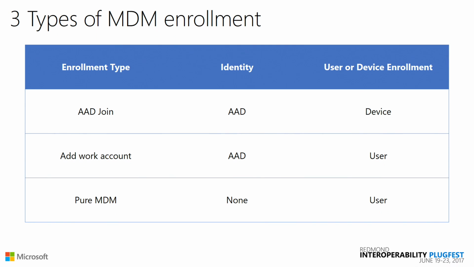If I'm enrolling my device against Contoso's MDM, I'm just saying, hey, here's a device, and you can manage the device. But from the management server's perspective, they don't really have a good way of understanding who you are.